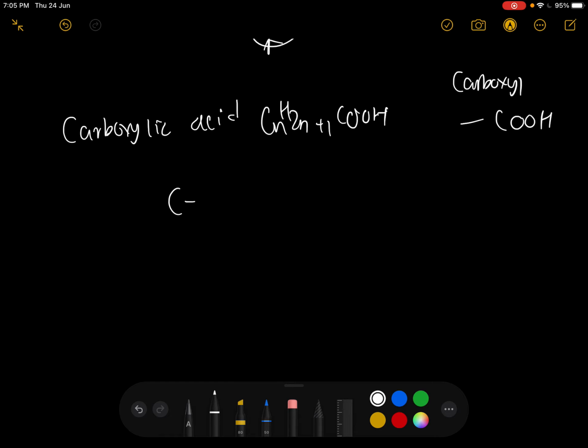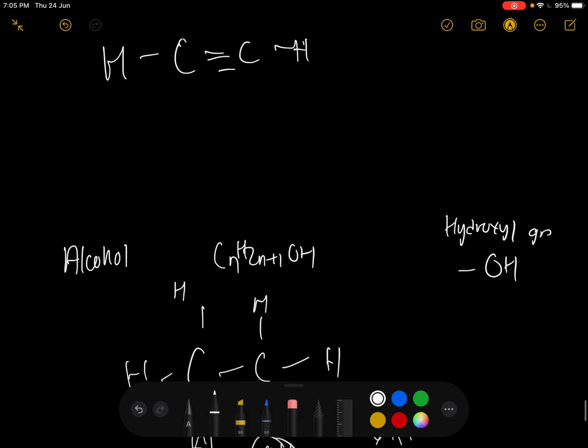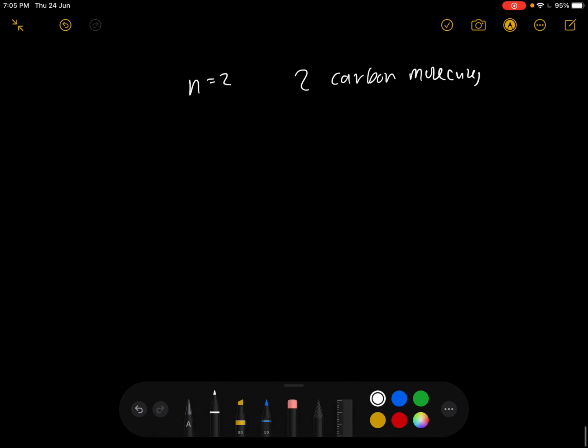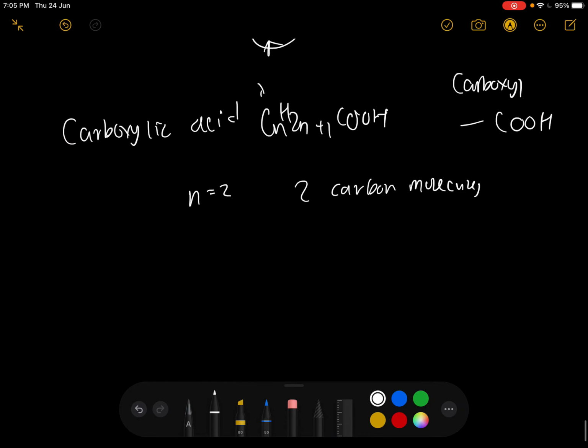Carboxylic acid is, let's say I want, so C. Oh wait, now is the part where I want to get a bit more pattern. There is a difference between n equals 2 and 2 carbon atoms. For everything here, these are normal because there's only Cn. But here we have Cn and another C. So the total number of carbon atoms is your n plus 1.